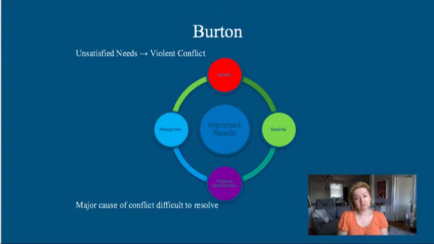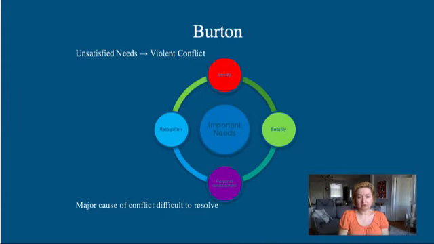So if these needs were to be deprived, people would use violence to satisfy and insist on these needs. Burton points out that particularly important needs are identity, recognition, security, and personal development. And they can be major sources of conflict if frustrated.